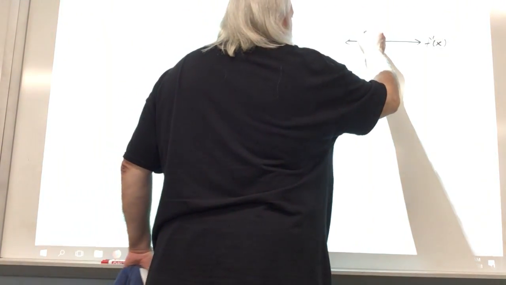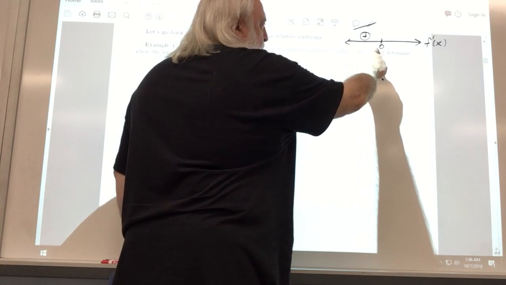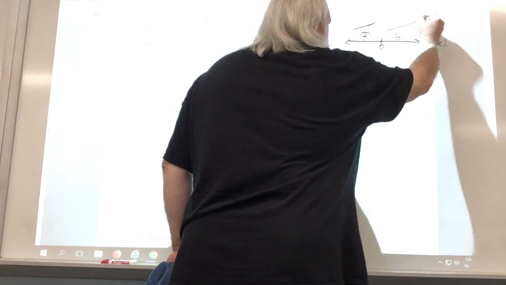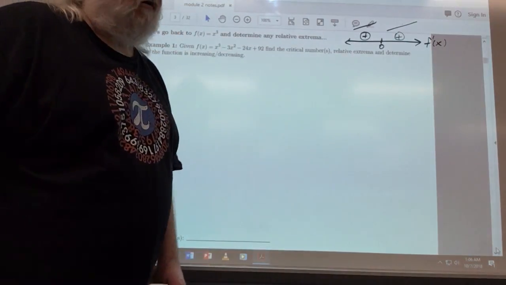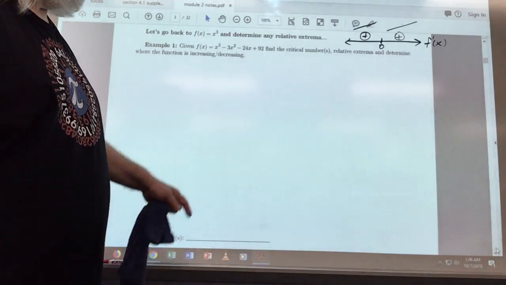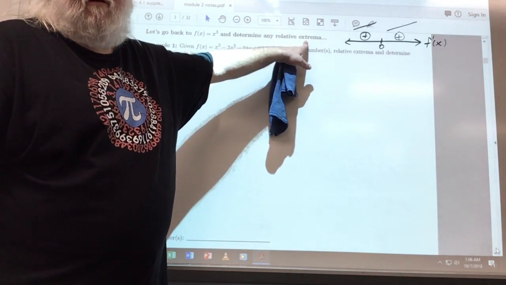We found that the slope was positive for values of x less than 0, and the slope was positive for values of x greater than 0. Right? The function was increasing on both those intervals. So there's no relative maximum or relative minimum.